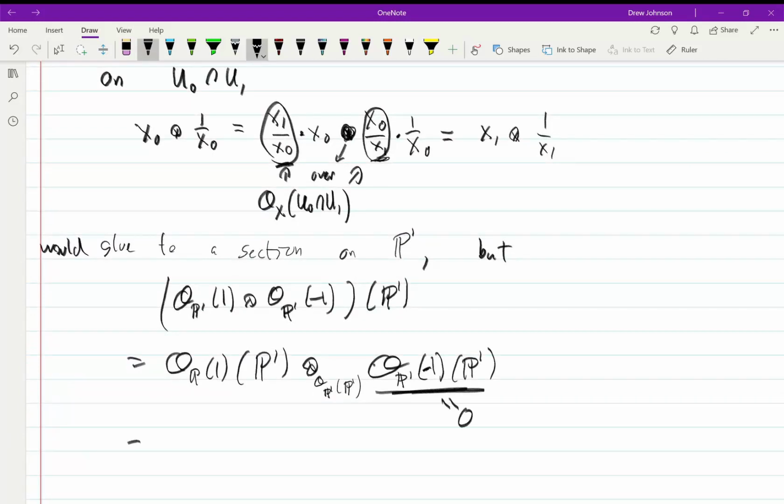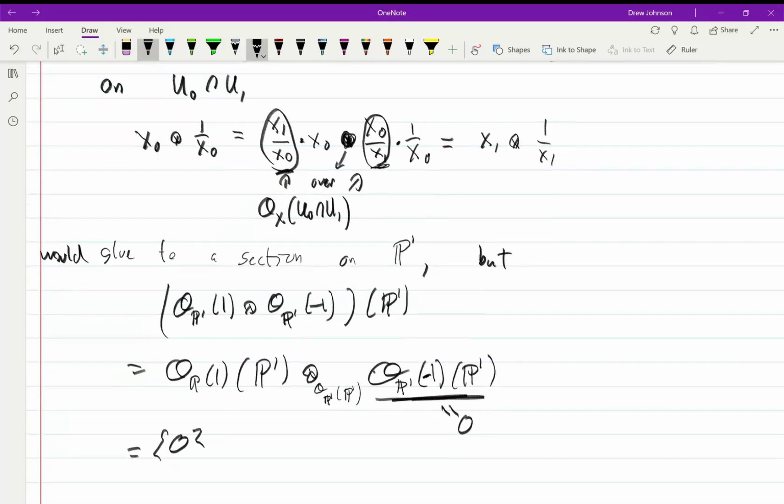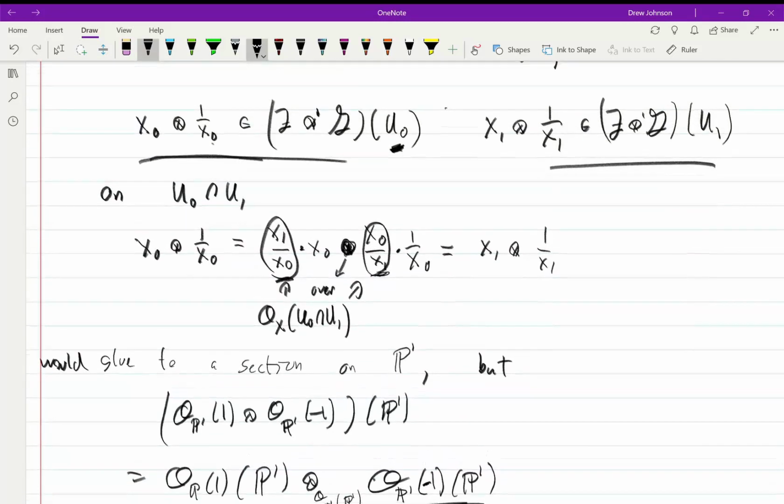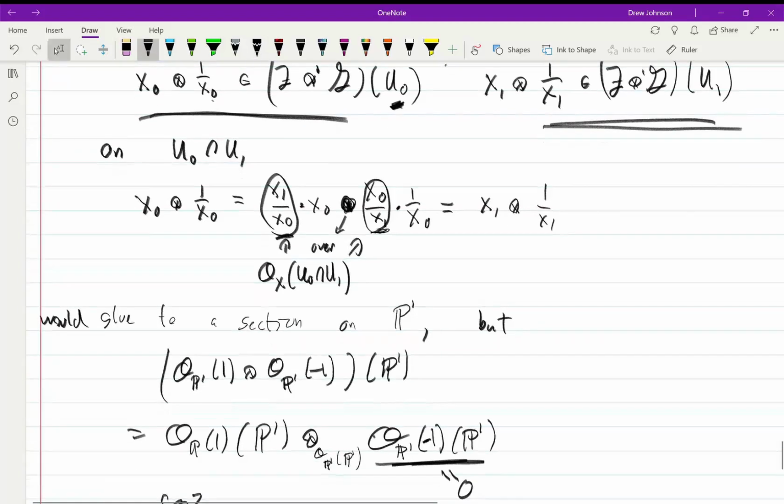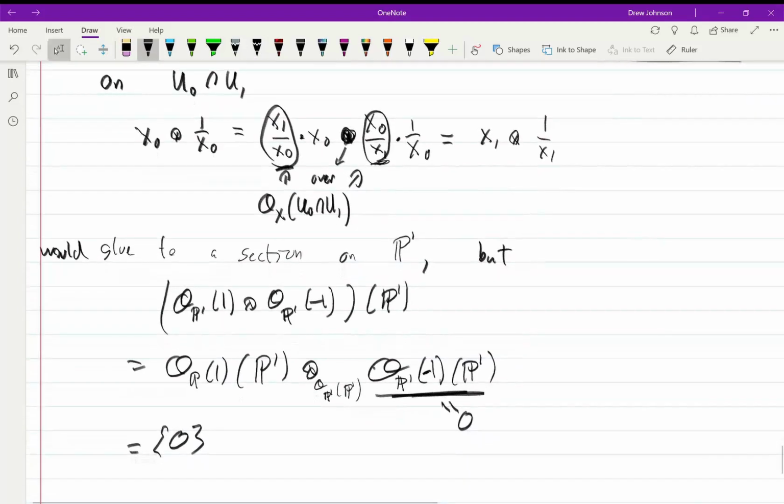All right, so this tensor product is equal to 0, but clearly these things up here are not 0. Okay, so we have these sections here, but they can't glue to a global section of this sheaf. So somehow this tensor product sheaf doesn't have enough sections. It's missing the things that they should have had by gluing those together.